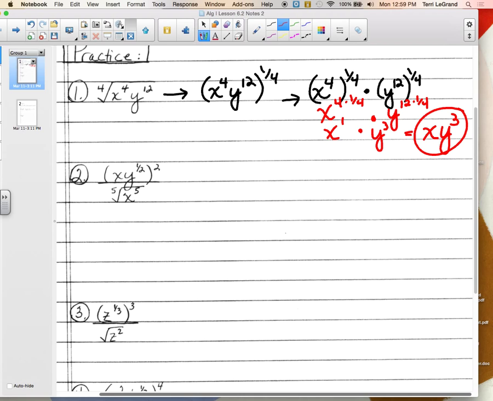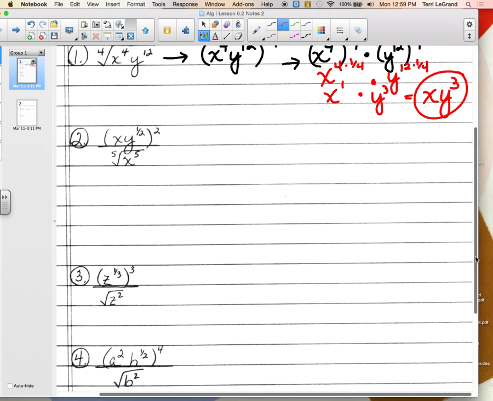Okay, let's go to this next one then, where the first thing we're going to do is just take the numerator and rename it. In other words, we have a power to a power, but first of all, we have a product to a power. We have an x times a y to the 1/2 power. That's a product. There's a multiplication going on there. So when there's a multiplication going on, we're going to give each of them their own power of 2.